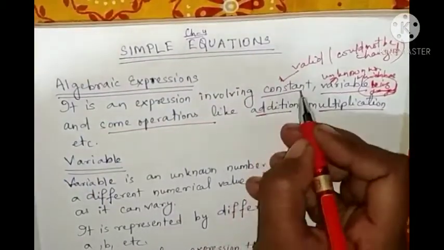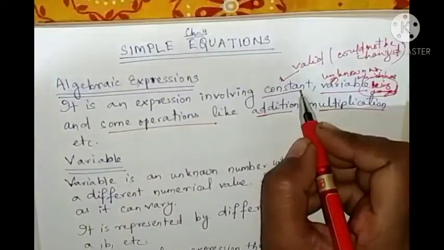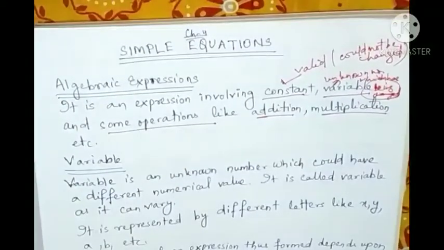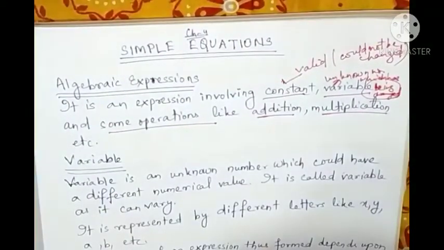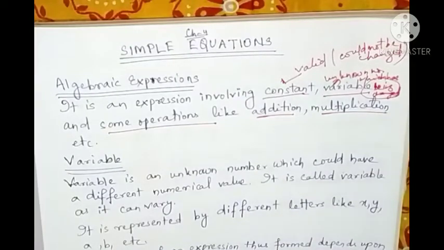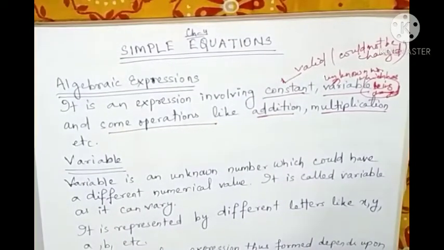So a constant is a number whose value cannot be changed, and a variable is one whose value can be changed, and along with some operations, we express an algebraic expression.